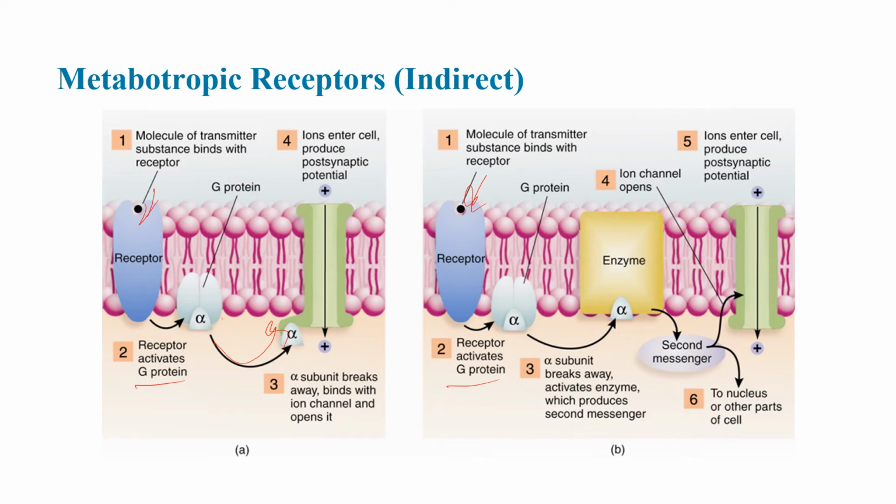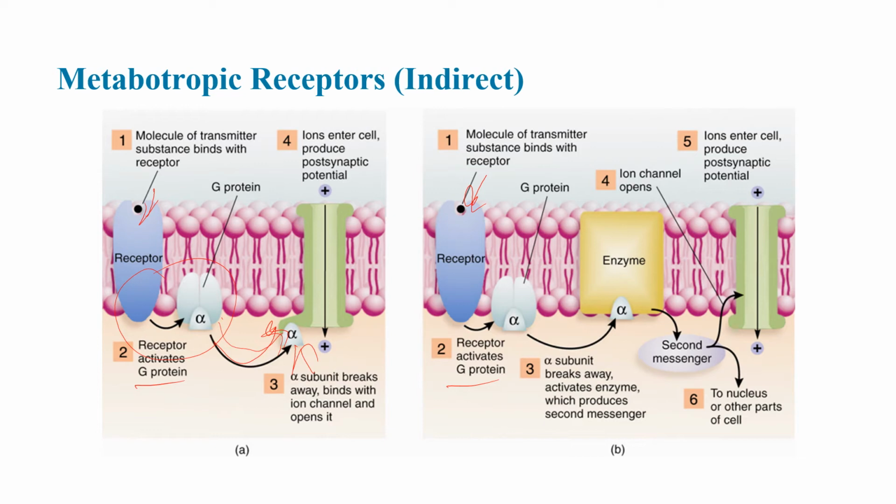The G protein is then released and hits the postsynaptic ion channel, but it hits it inside the neuron, and it opens up that ion channel that way. This does require more energy than the direct method, because this part here requires energy to work, even if this part doesn't.